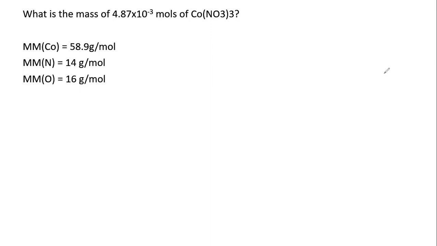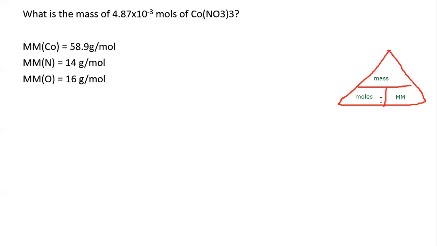So again, our triangle. We have the mass, we have molar mass, and we have moles. In this example, we want to go from moles to mass. We want to find the mass of a substance that has this many moles.